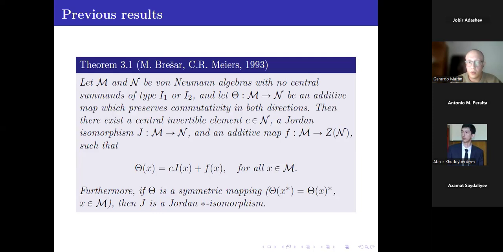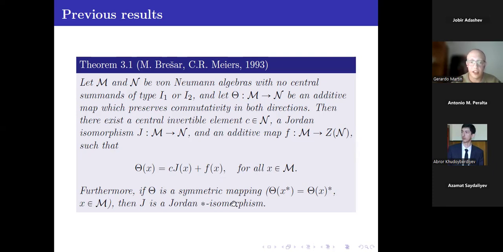The first result we find for associative algebras is the following one by Bresar and Miers in 1993, where they say the following: when we take two von Neumann algebras with no central summands of type I1 or I2, and theta is an additive map which preserves commutativity in both directions, then there exists a central invertible element, a Jordan isomorphism, and an additive map such that phi is written in the following way.